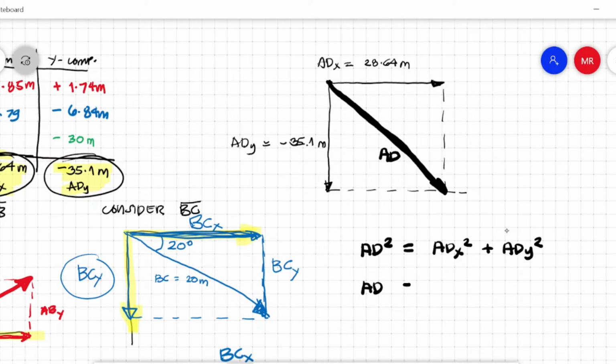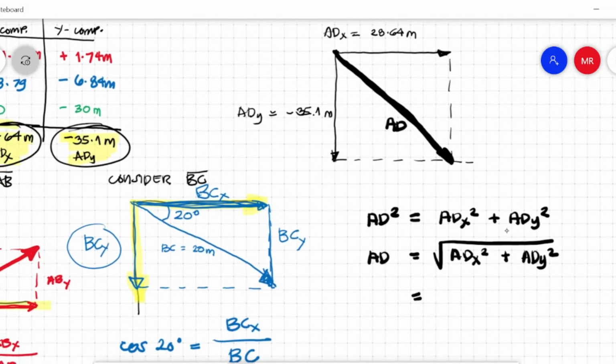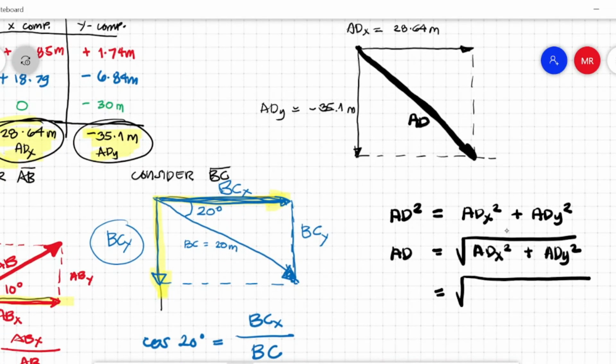Therefore, AD is equal to the square root of ADX squared plus ADY squared, which is the square root of 28.64 meters squared plus negative 35.1 meters squared.